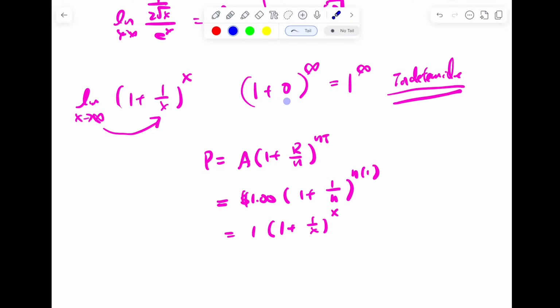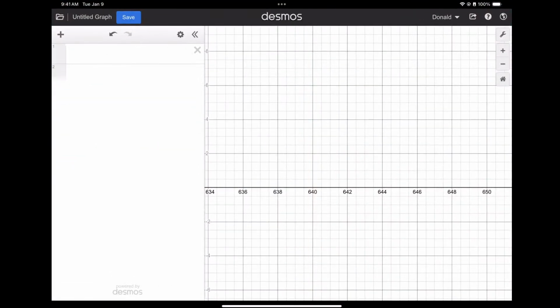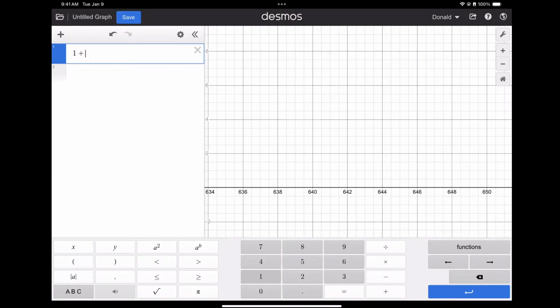The problem is, what if it didn't go to 0? What if I compound every second? If I compound every second, this is what we're going to show you. I'm going to use a calculator here. And I'm going to say 1 plus 1 over x.